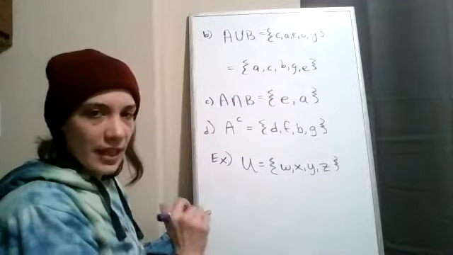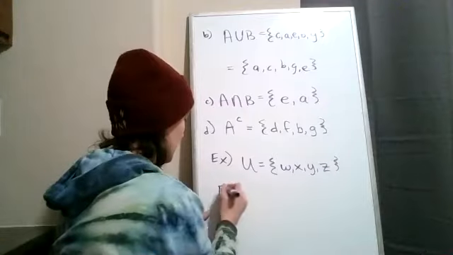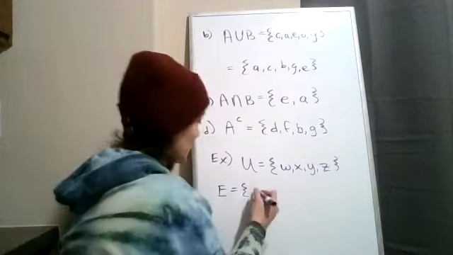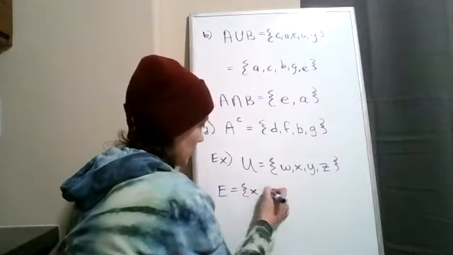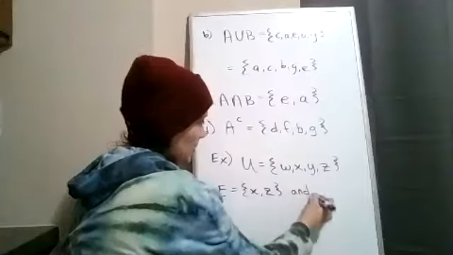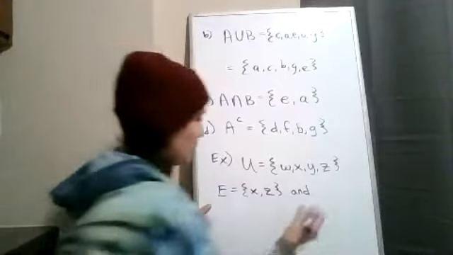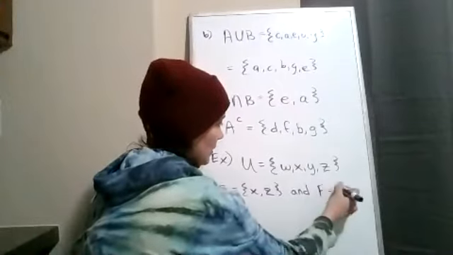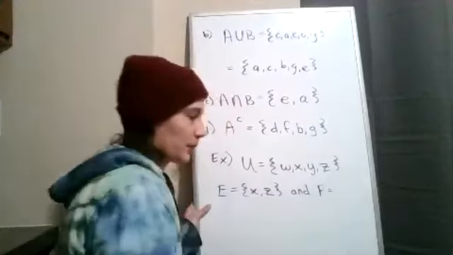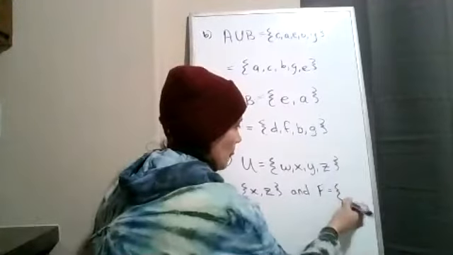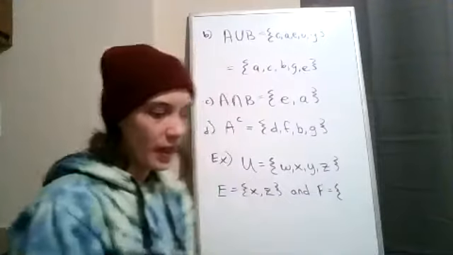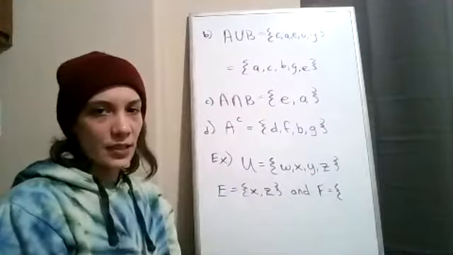We're going to put capital E equal to the set that contains X and Z. We're going to make capital F equal to the set that contains Y.